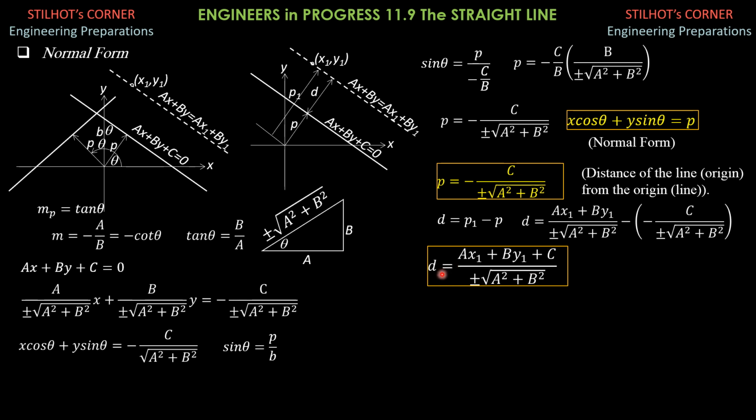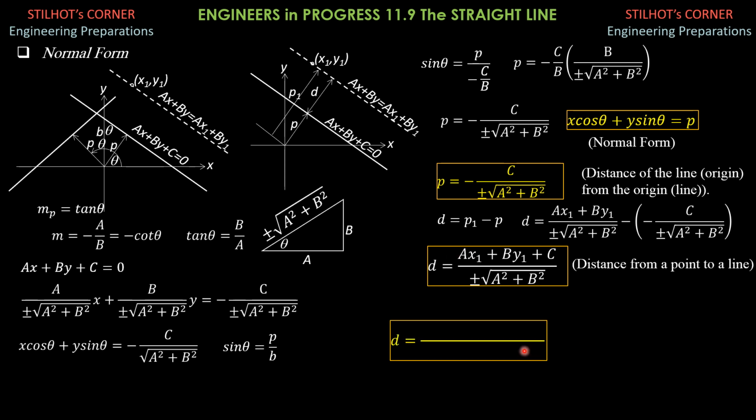Because distance is always positive, unless it is directed distance, we revise this formula by putting plus minus signs in the numerator. So that's distance from a point to a line. And interpret the result as, for the sign in the numerator, use plus if the point lies above the line, like in the illustration here.